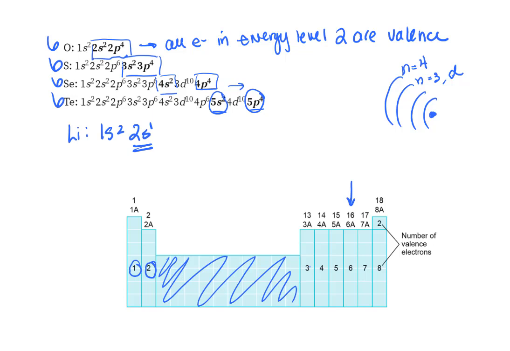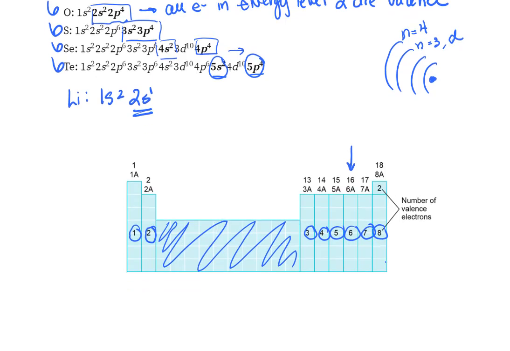Then we come over to the column where aluminum is 3 valence electrons, 4, 5, 6, 7, and 8. So we can just count our columns ignoring the D block, and that's going to be a quick and easy way to figure out your number of valence electrons.